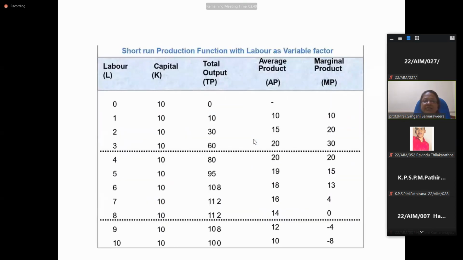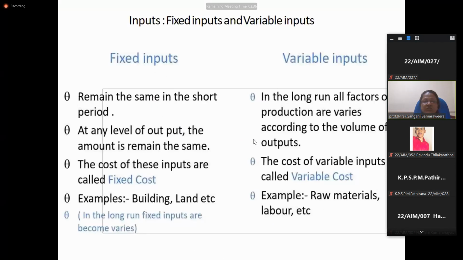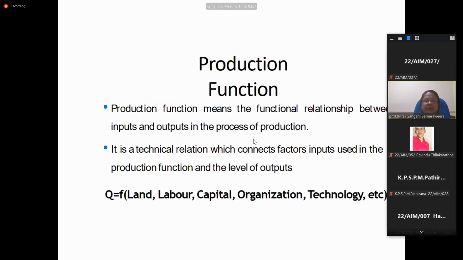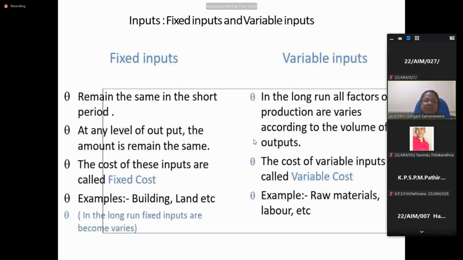Do these calculations by yourself. We discussed the production function, and with the production function, we discussed various inputs, fixed and variable inputs. Based on that, we discussed two costs, fixed cost and variable costs.